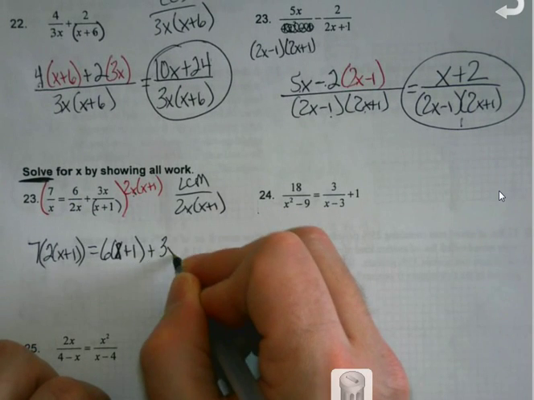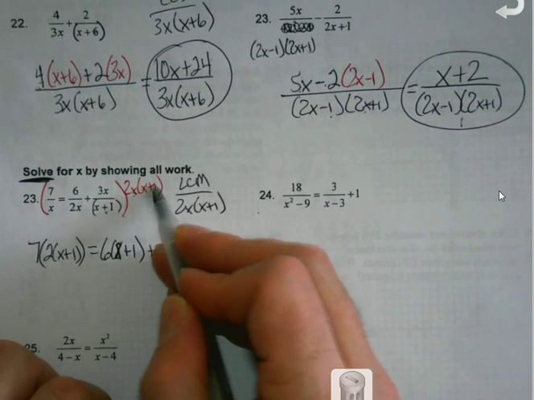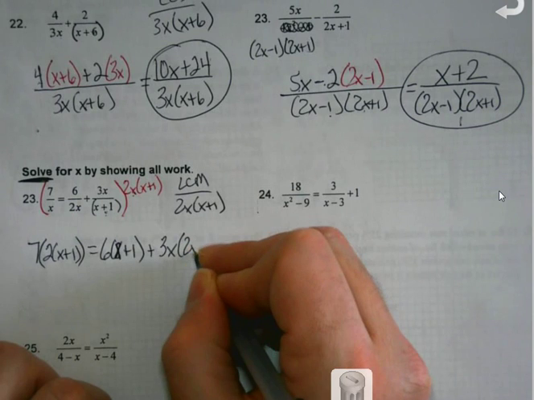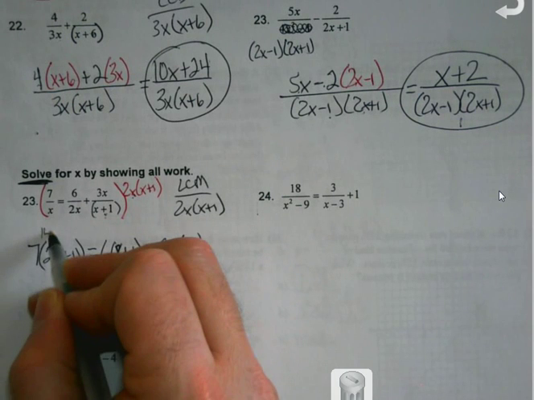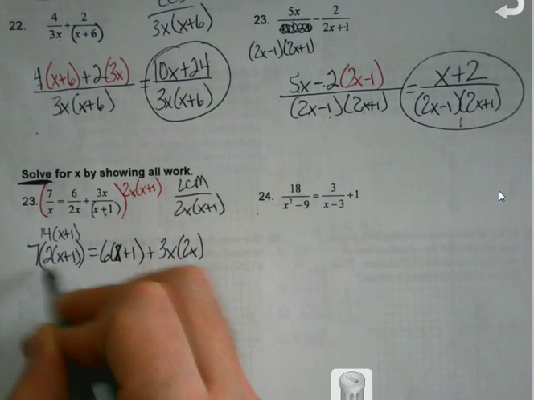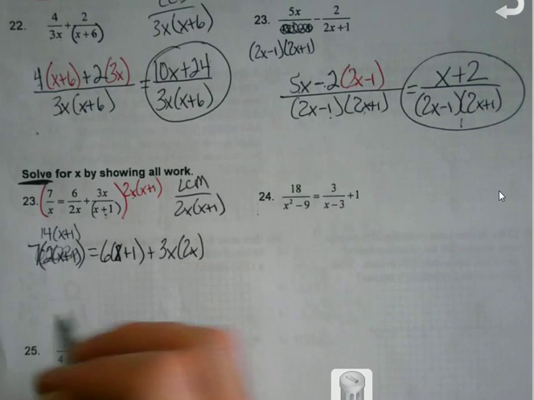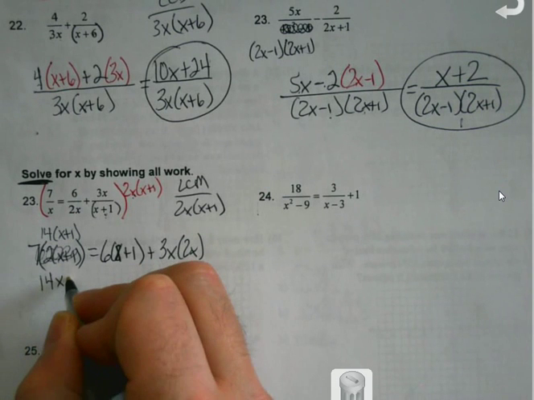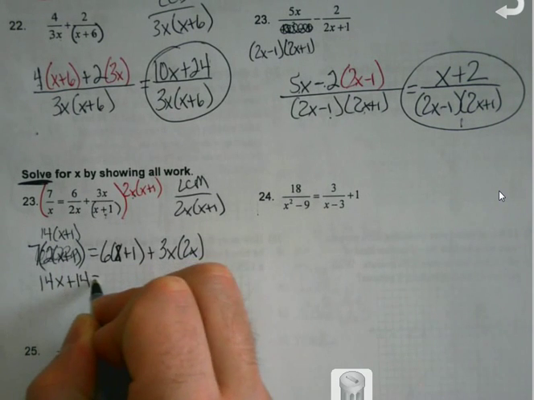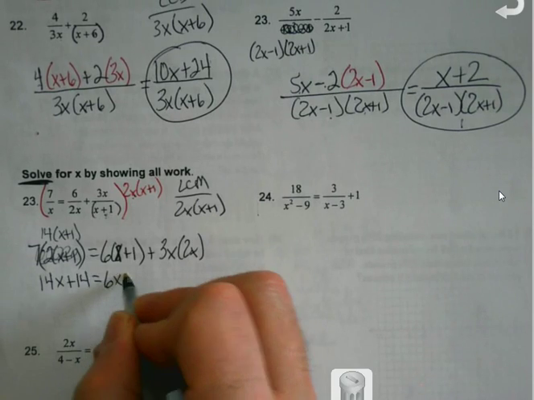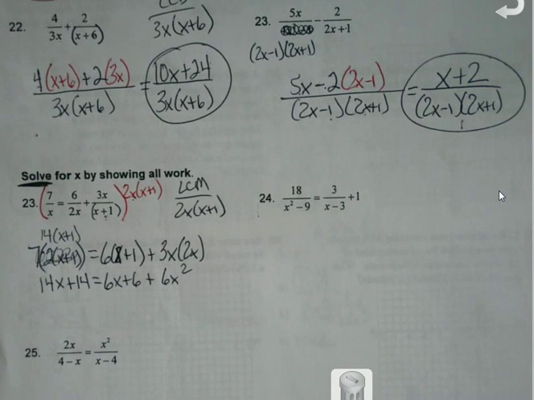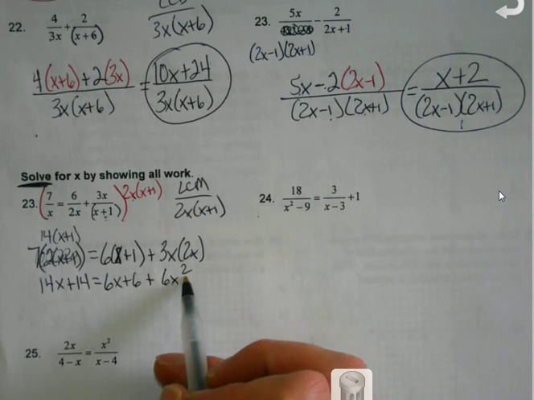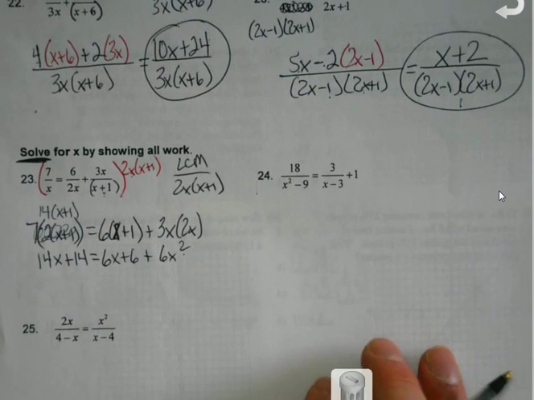And then with the 3x, I just need the 2x. So I'm going to have to do a little simplifying here. This is really just 14x plus 1, which is what I would have done to begin with. So 14x plus 14. I'm going to do all my distributing here. And once I see that I have a squared term, that I have a quadratic, it's not going to go away.